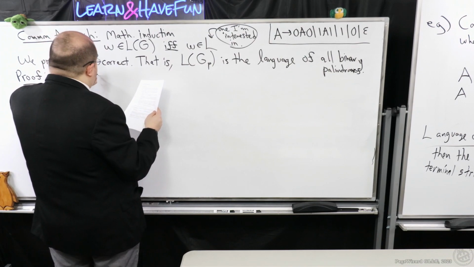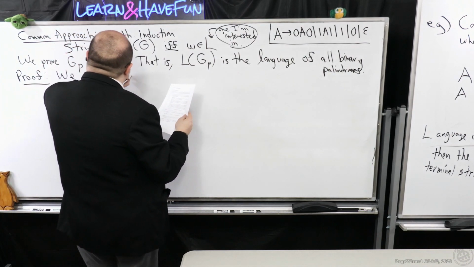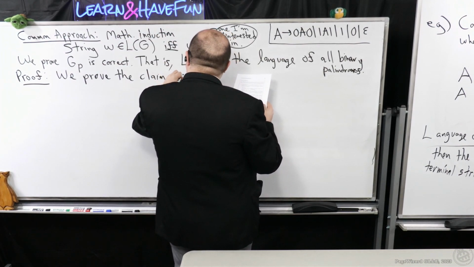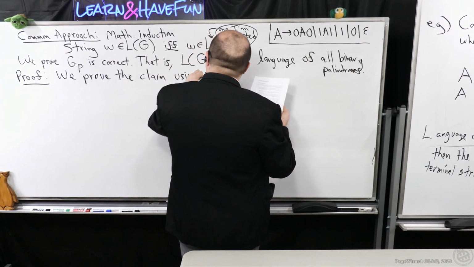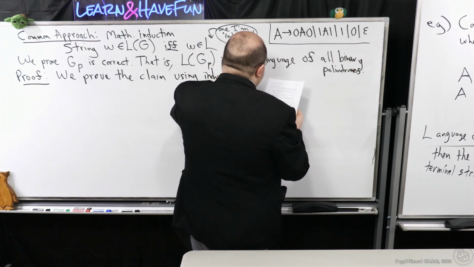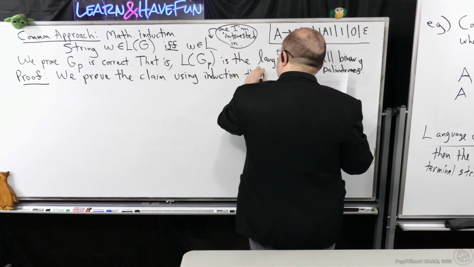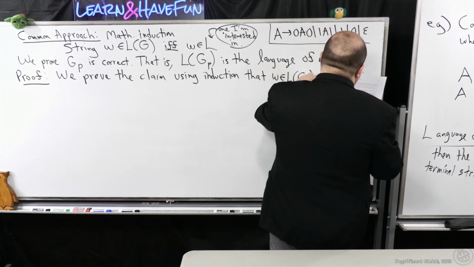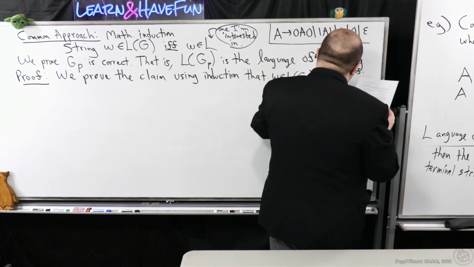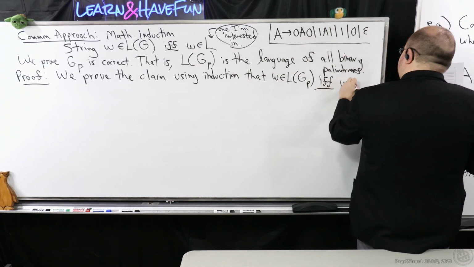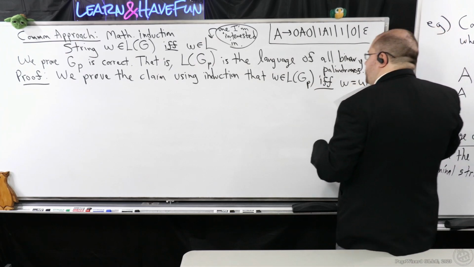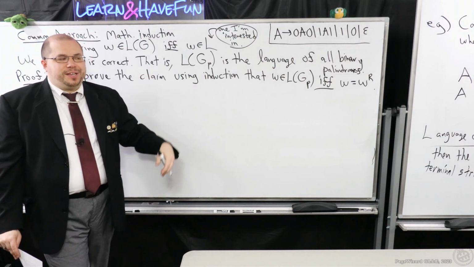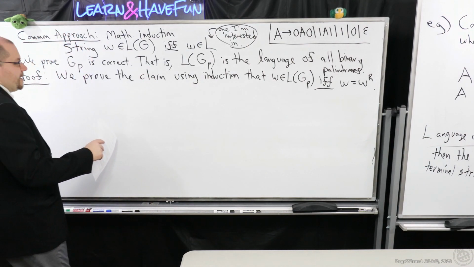So we prove the claim using mathematical induction: that W is in the language of GP if and only if W is equal to W reversal. W with the R simply means take the string and reverse it, make it backwards, which is exactly what a palindrome is.